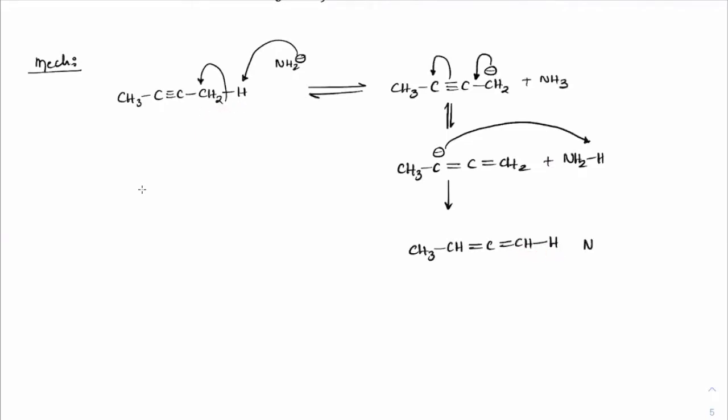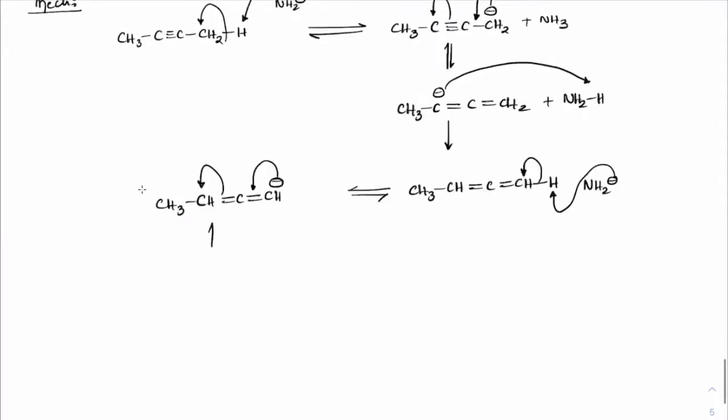So from here, NH2 minus will extract this proton, again giving a CH2 minus. The product formation would be CH3, CH, double bond C, double bond CH minus. This gets rearranged to give CH3, CH minus, C triple bond CH.